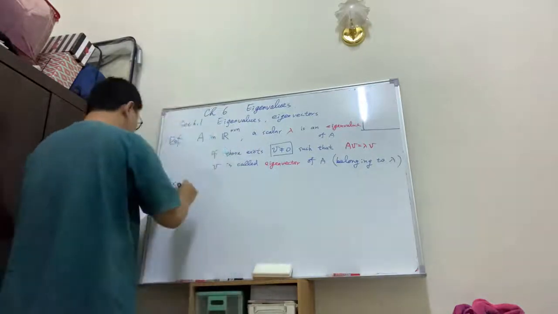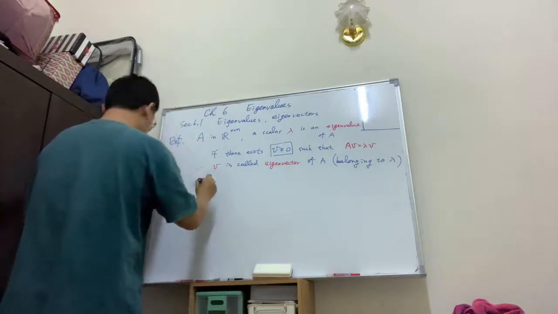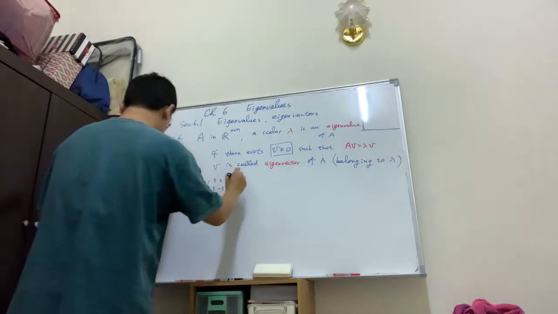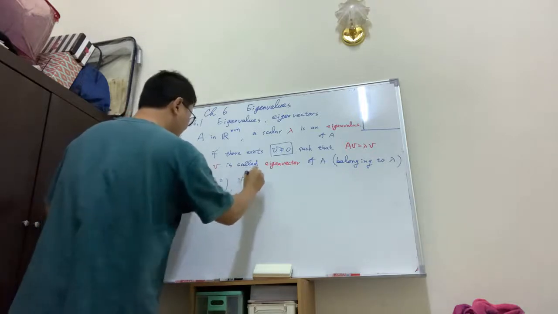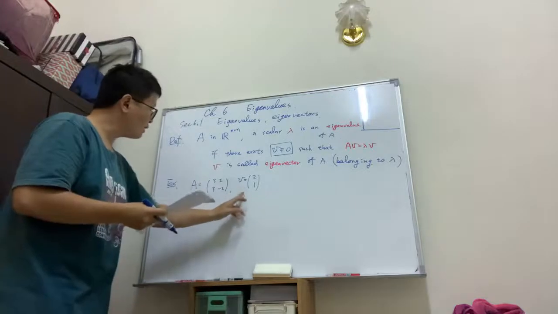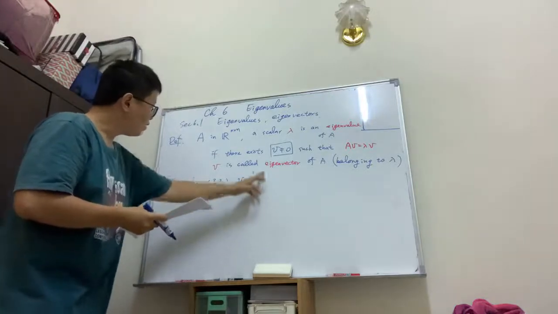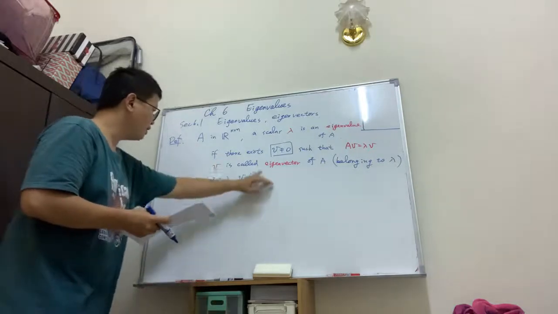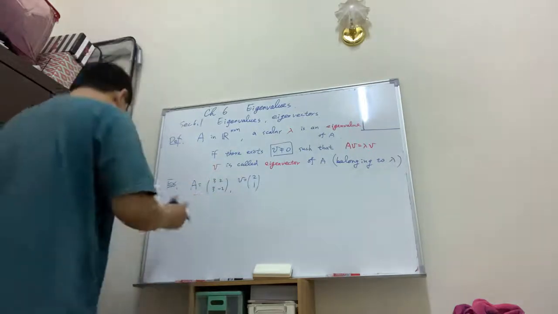So the example: we have a matrix A, 3, 2, 3, negative 2. We have a vector v. Probably you will ask how I know this vector v. Actually, later I will tell you how to figure it out.